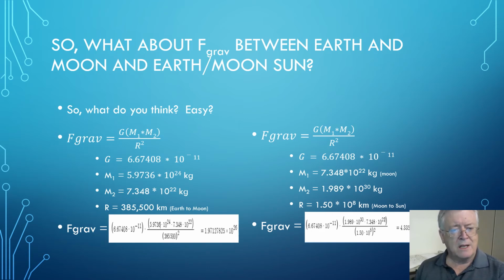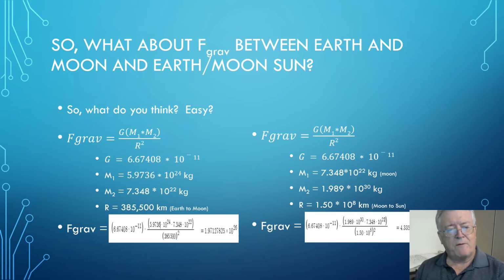The Moon has an elliptical orbit, not a circle, so you use an average value, and that number can change, not drastically, but a little bit everywhere you look. But this is one of the numbers I could get. So again, I plug those numbers into the equation. There you see Big G, mass 1, mass 2, and divided by the radius between the Earth and the Moon. And I get 1.971 times 10 to the 26.